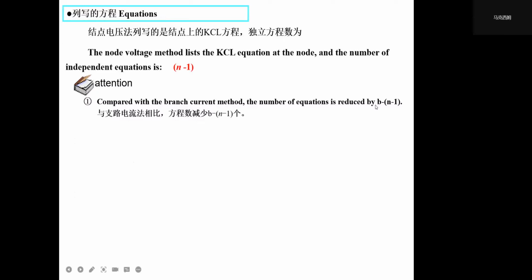If b is too large and n is very small, we can apply this kind of method. But if the number b is very small and n is very big, we're probably not going to select this method, right?